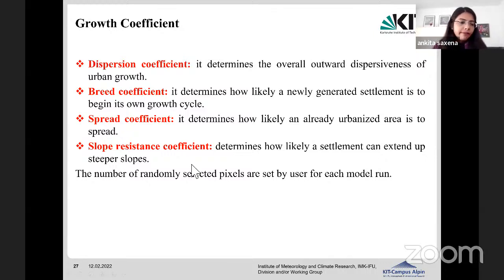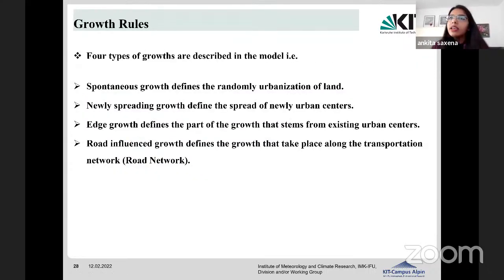And when we get these optimum values, then our calibration is done. And how can we say that these are the best values? We can check by analyzing spatial and statistical measures that will reflect if calibration is appropriate or not.